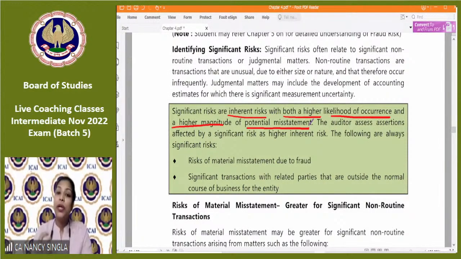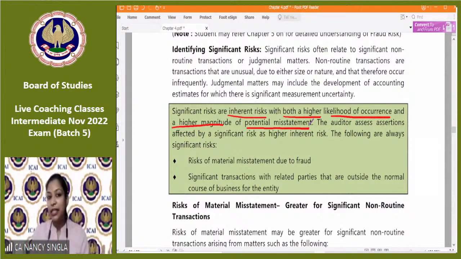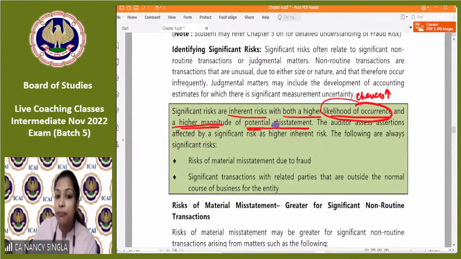So as of now, what is the definition? It says that it is one of the inherent risk. What is inherent risk? Risk which is inbuilt in the financial statement. This concept is clear. So significant risks are inherent risk with both higher likelihood of occurrence, that is their chances of occurrence is high, and higher magnitude of potential misstatement, and their impact is also going to be high.